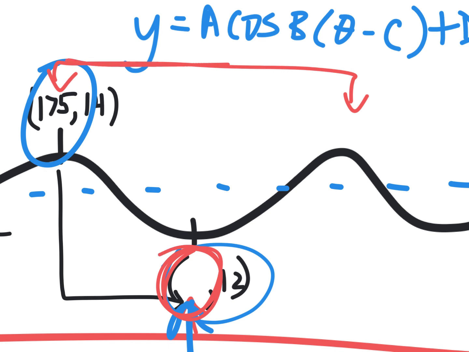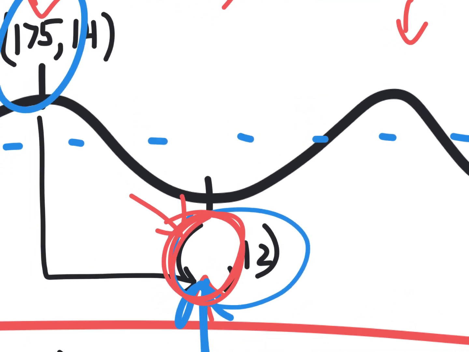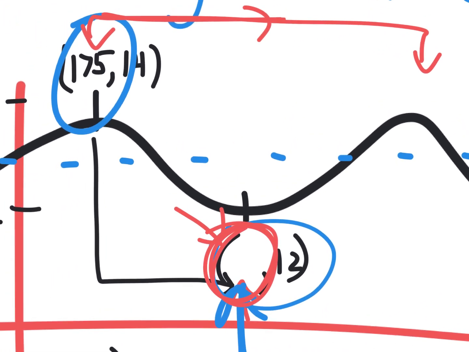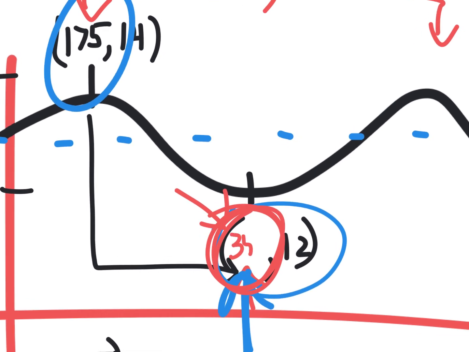We want to add half of 365 to get this number right there. 365 divided by 2 is 182.5. I know that's a bit of a pain, but that's exactly what that number should be. So I take the 182.5 and add the 175, and I would get 357.5.